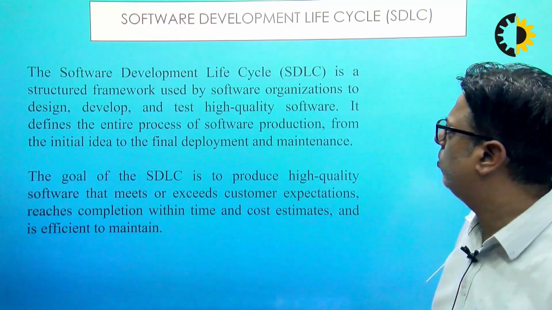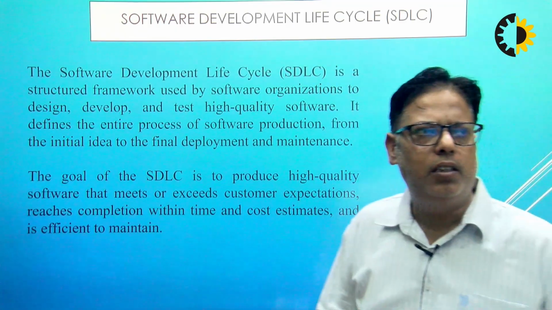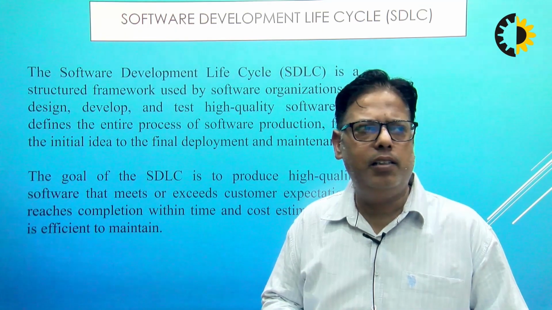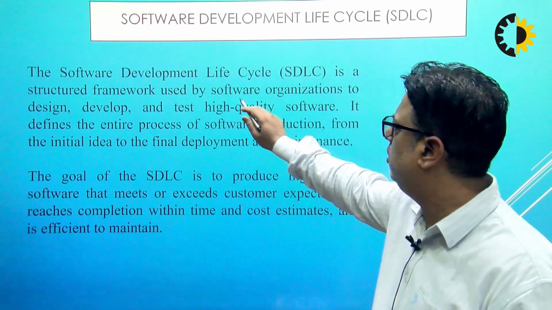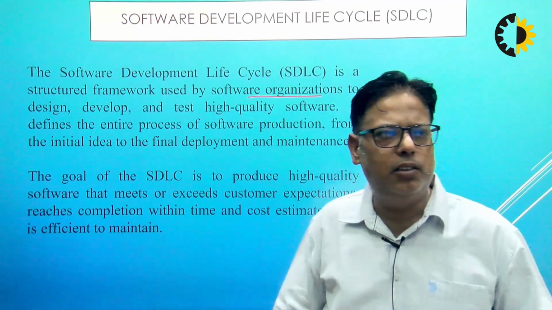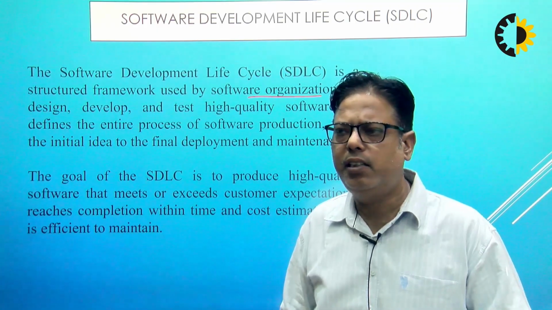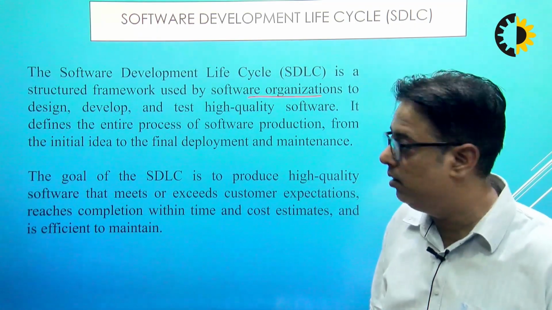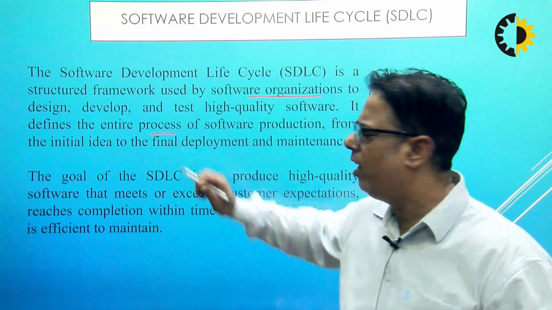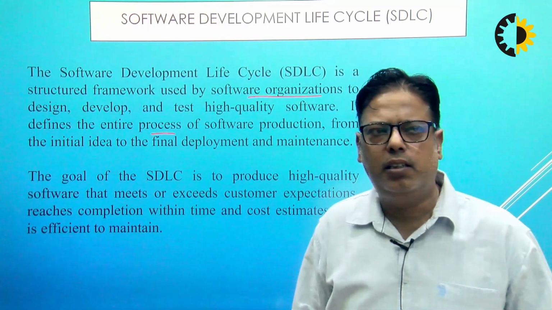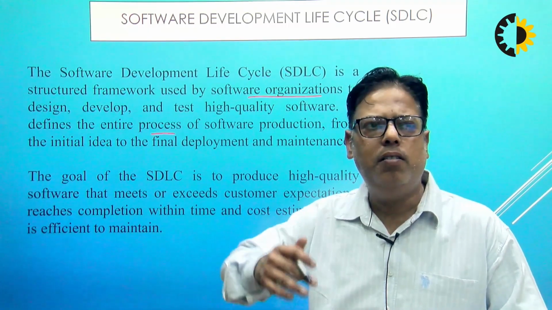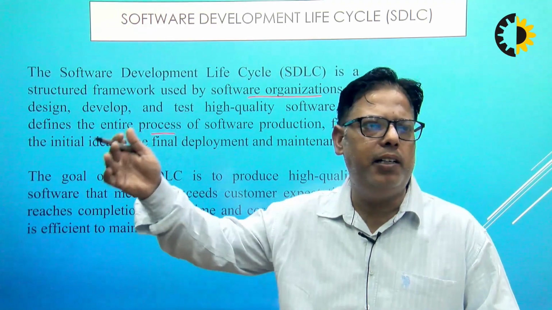Now, the introduction of the software development life cycle. The software development life cycle is a structured framework used by software organizations to design, develop and test high quality software. It defines the entire process of software production from the initial state to the final state, deployment and maintenance.